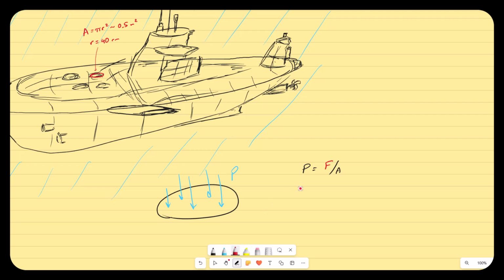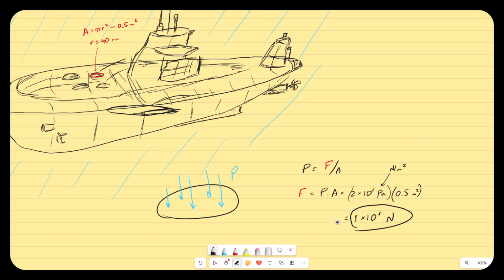So our force is going to be a pressure times an area. We've got a pressure of 2 times 10 to the 6th pascals. Remember, a pascal is a newton per square meter. We are going to multiply that by our area of half a square meter, and we get 1 times 10 to the 6th newtons, 1,000,000 newtons.